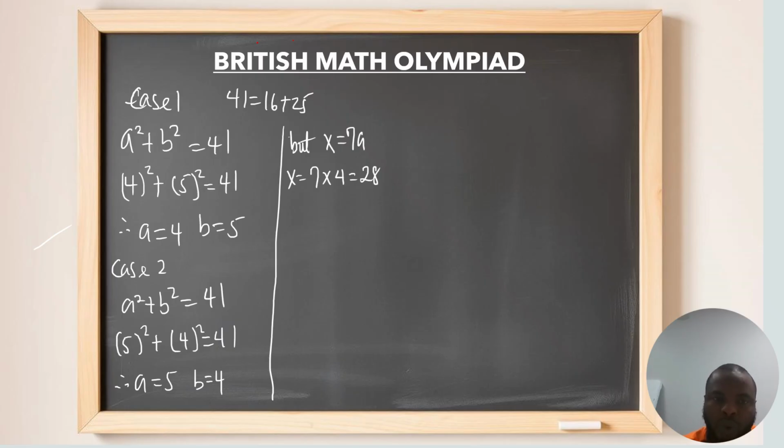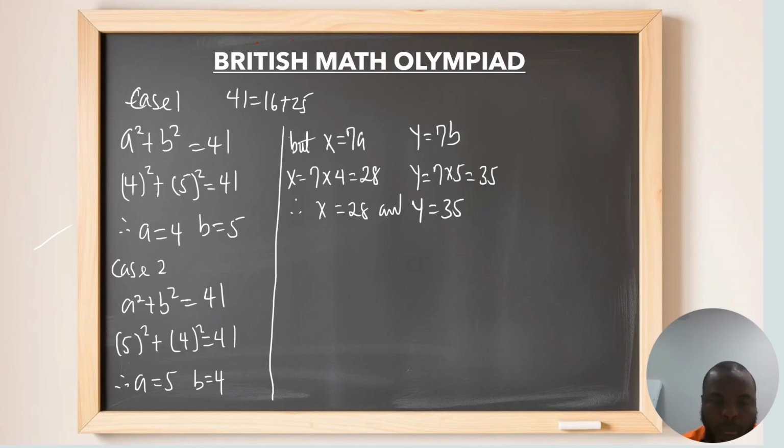Also, in the same case, we have y equals 7b. So in case 1, y is going to be 7 times 5, which is 35. So in case 1, x is 28 and y is 35.